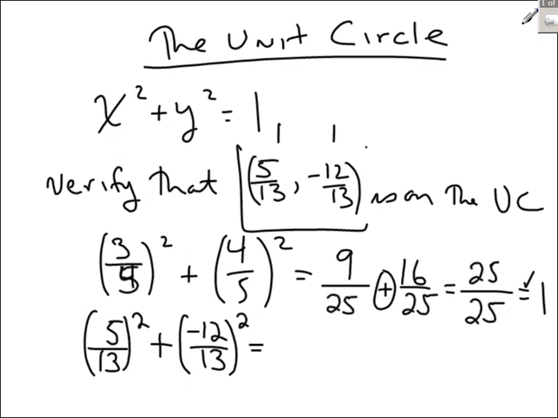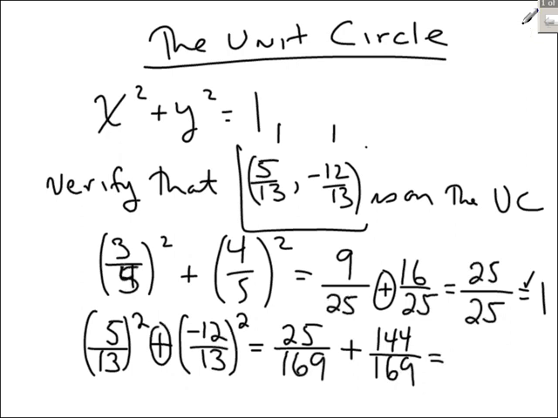Well, 5 over 13 squared. 5 squared is 25. 13 squared is 169. Plus negative 12 over 13 squared. Well, 12 squared is 144. Negative 12 squared is 144. Negative times a negative is a positive. 13 squared, 169.